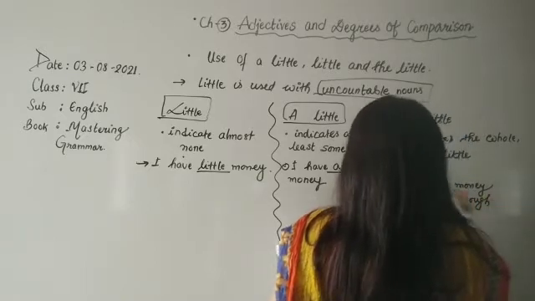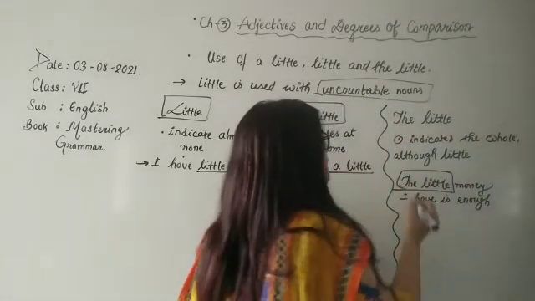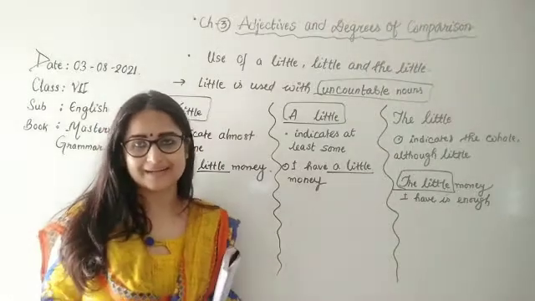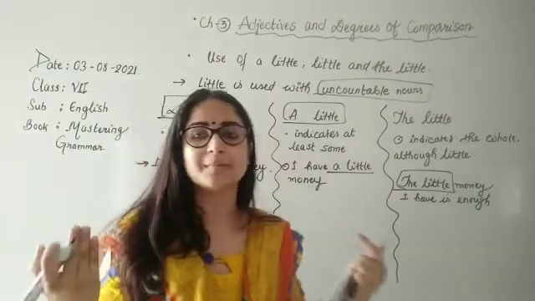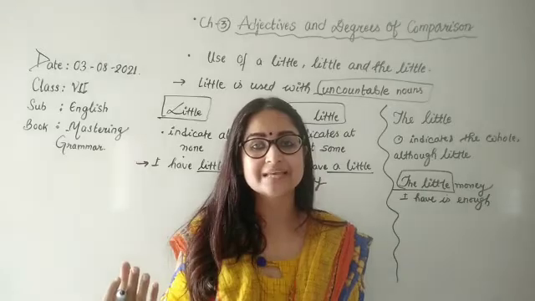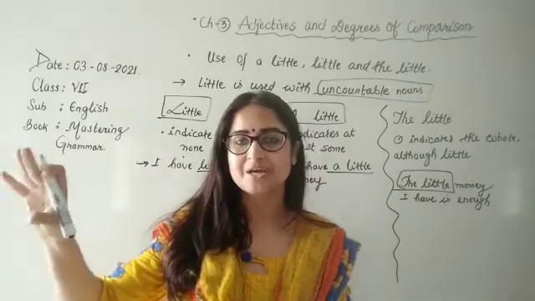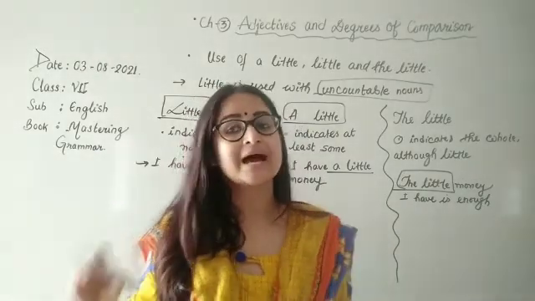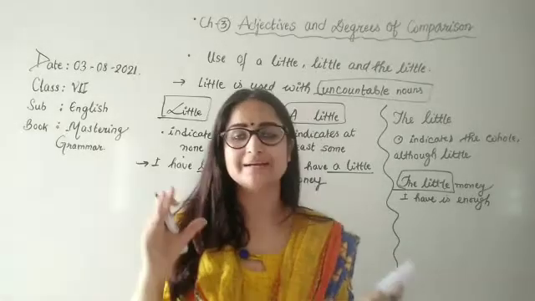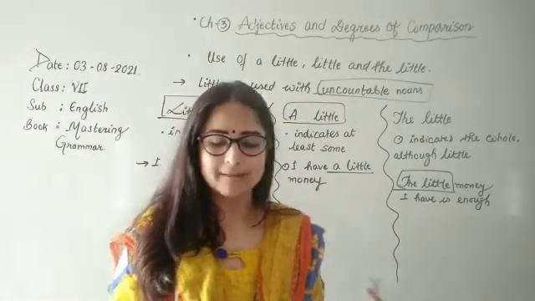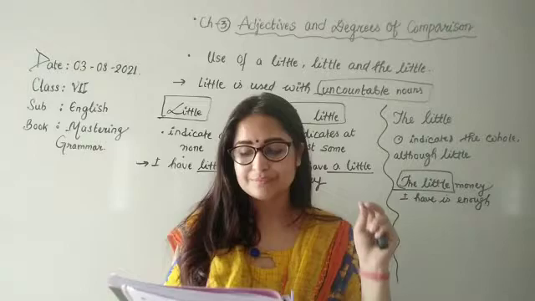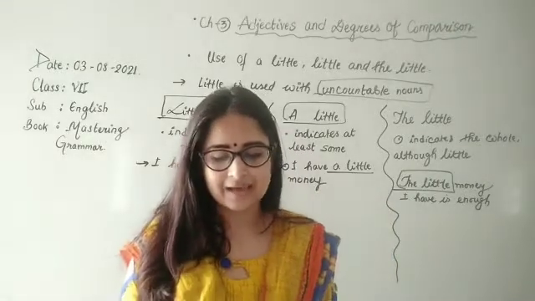So I am talking here with the little, I am talking about what? All the money that I have. Okay, I am talking about the money as a whole. I am not saying that I am taking a share or I am keeping the rest. I am talking about the whole of the money that I have. Okay, the whole money, however little it is, however less it is, I have.